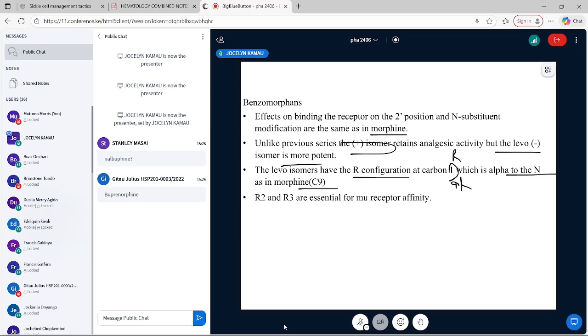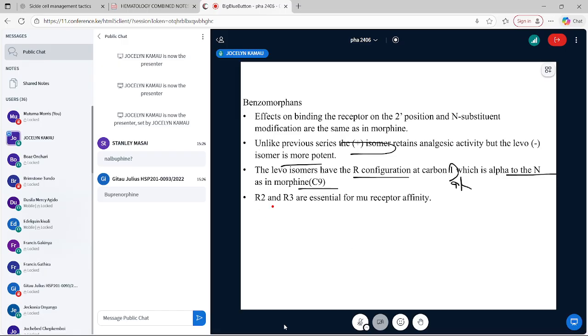I've tried to make sure that I mention it that way so that you do not confuse. So we are saying, yes, in this numbering, it's carbon 1, but it corresponds to carbon 9. And although the dextroisomer has activity, the levoisomer has high activity, and it must carry the R configuration for maximum activity.